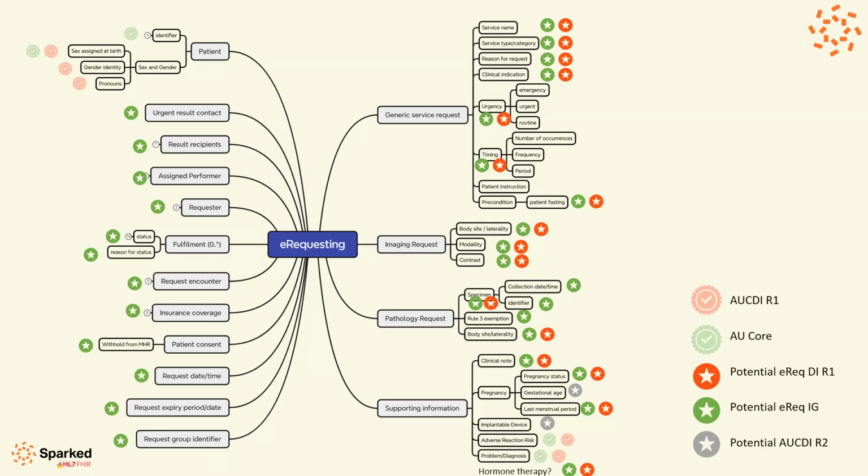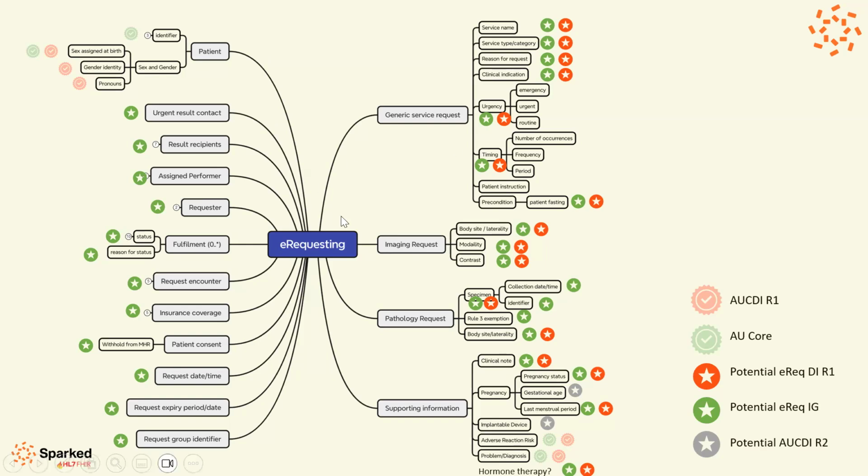There are some things that are already done, like the sex and gender things, and down the bottom, the adverse reaction risk and problem diagnosis. We really see the left side of that all sitting in the IG, so with the TDG. And then there's a number of things on the right that we would look at in terms of the eRequesting DI.